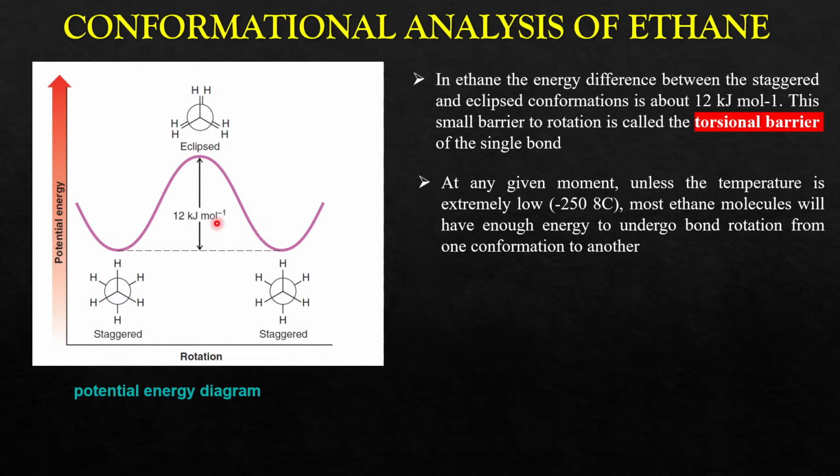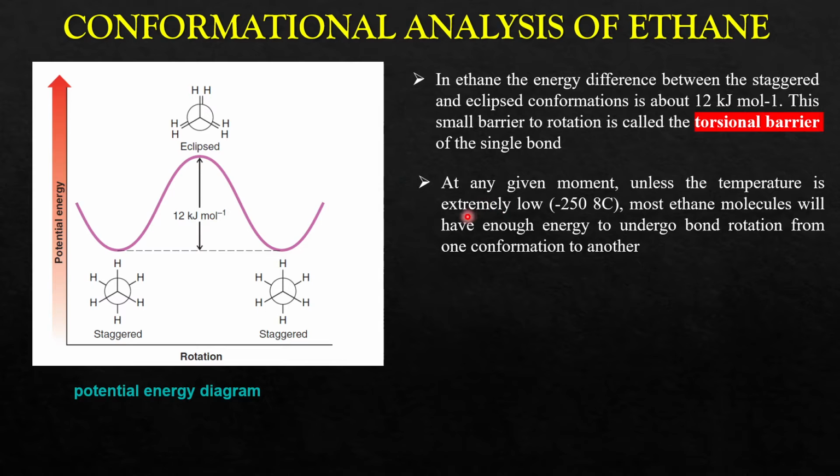You can see that this energy barrier is very low, only 12 kilojoules per mole, and this energy can be easily achieved while the molecules of ethane collide with each other. So they can easily surpass this barrier, and the rotation is very free. It can freely rotate to get different types of conformations at room temperature.